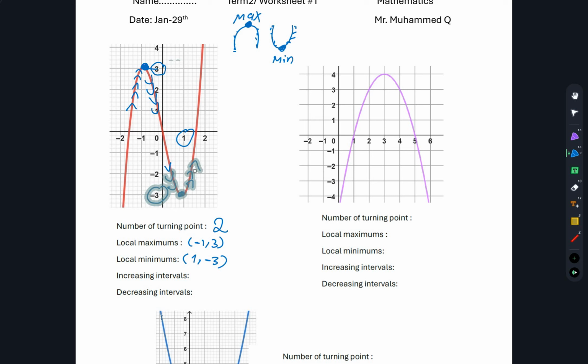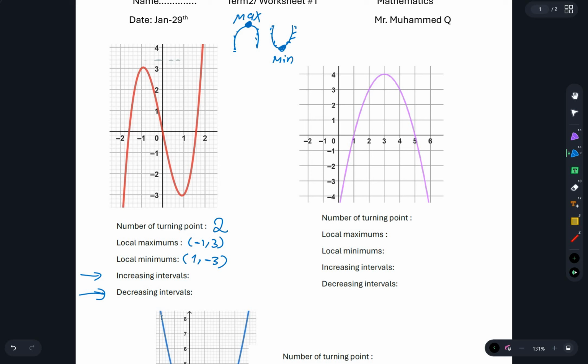Right now, in order to find increasing and decreasing intervals, students, you will always just pick the values of x, not y, okay? About intervals, only the x-axis, for both intervals.